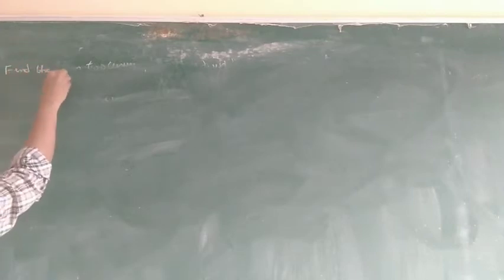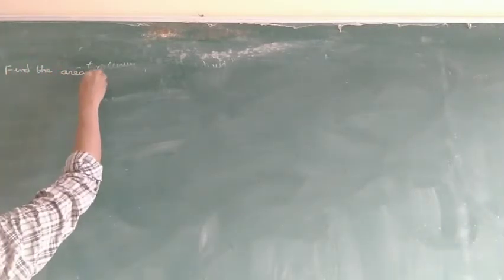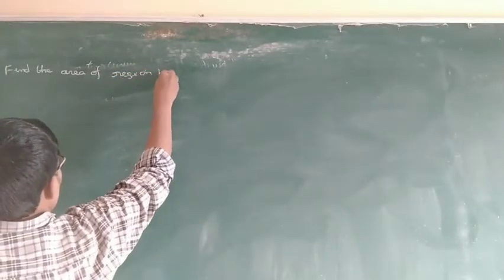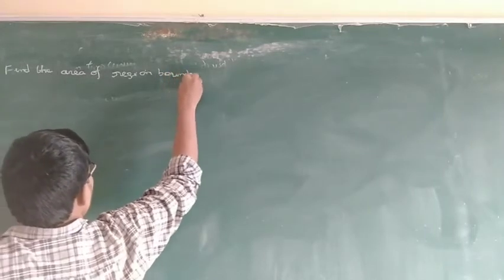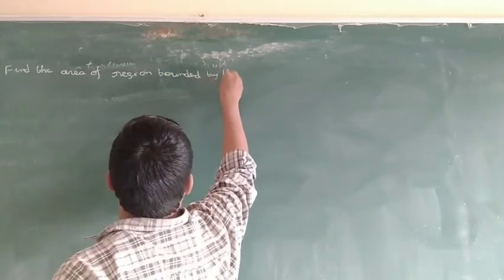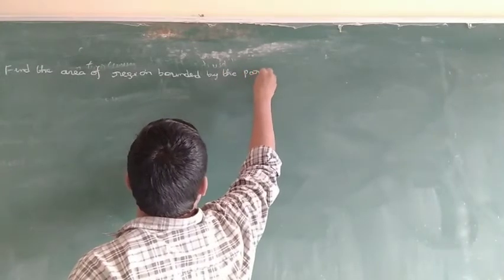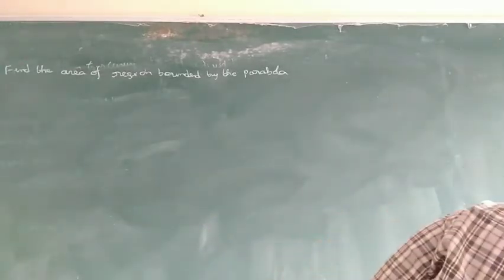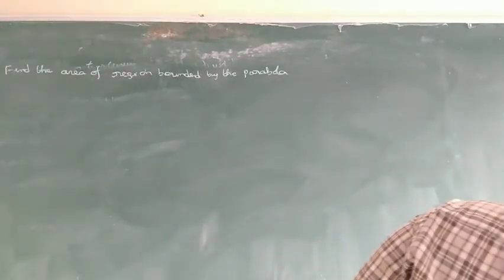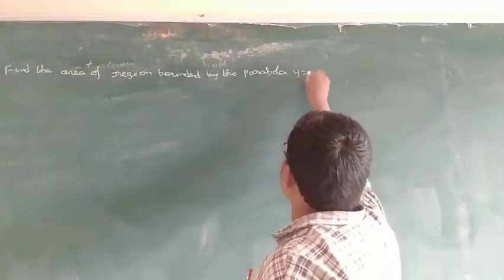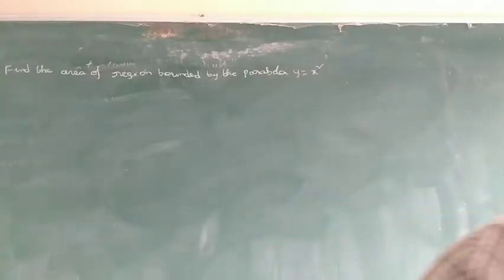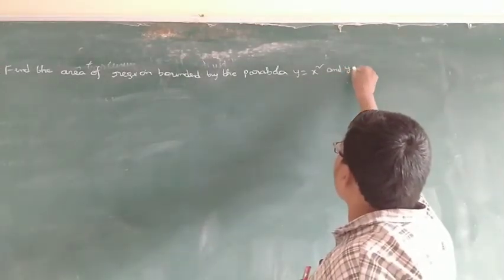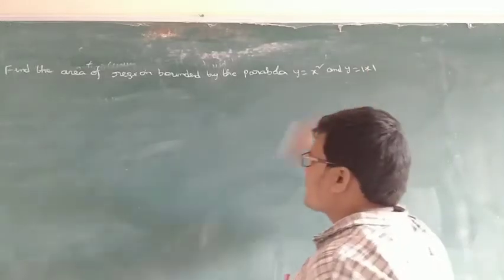Find the area of the region bounded by the parabola y is equal to x square and y is equal to mod x.